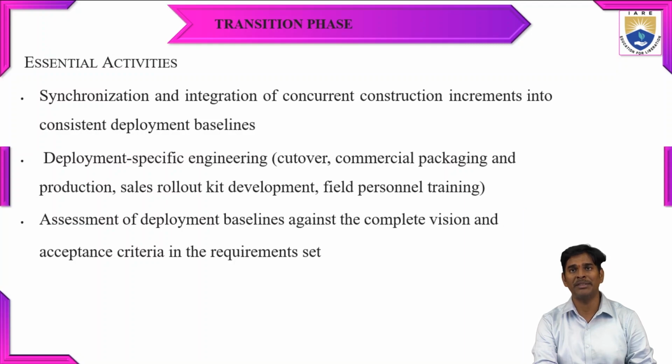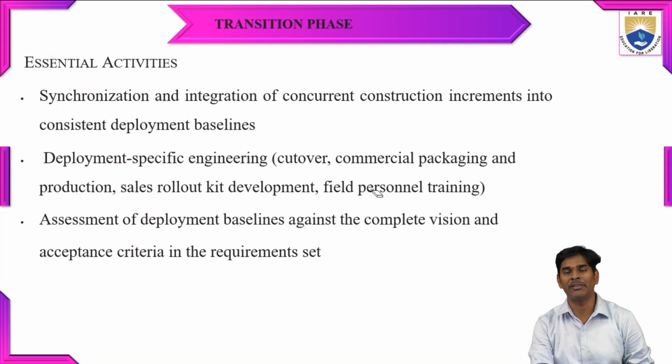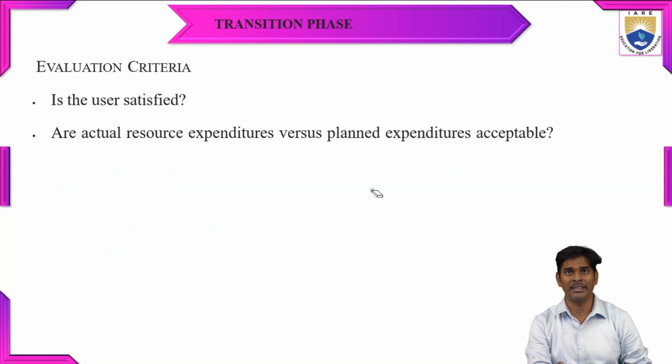In the deployment-specific engineering, cutover, commercial packaging, rollout kit, and field personnel training should be given. And they also need to check the complete vision, acceptance criteria and the requirement sets. So these are the main essential activities required for the transition phase here.